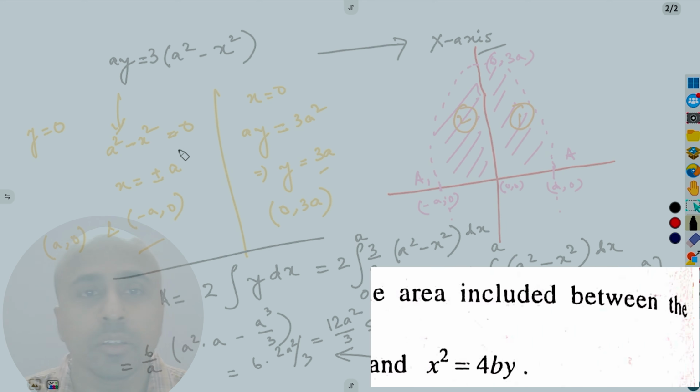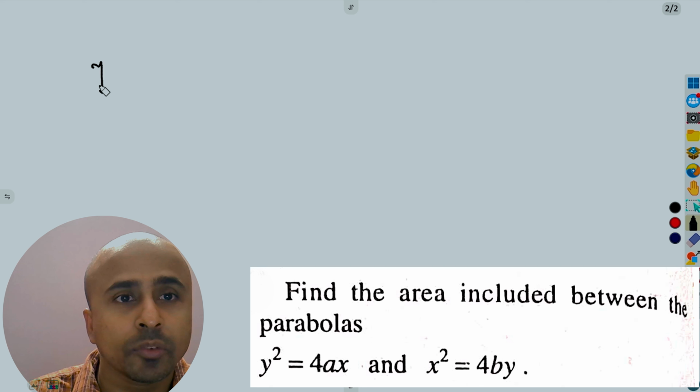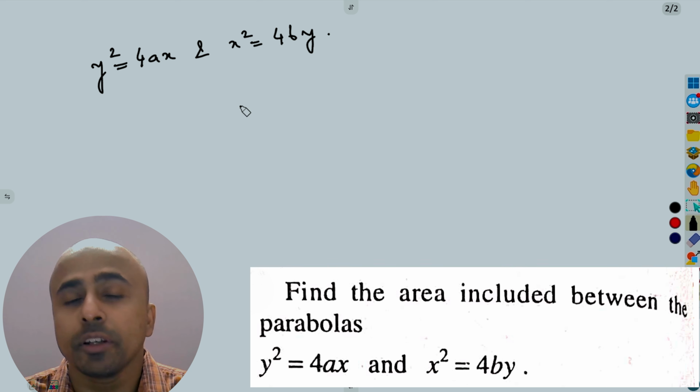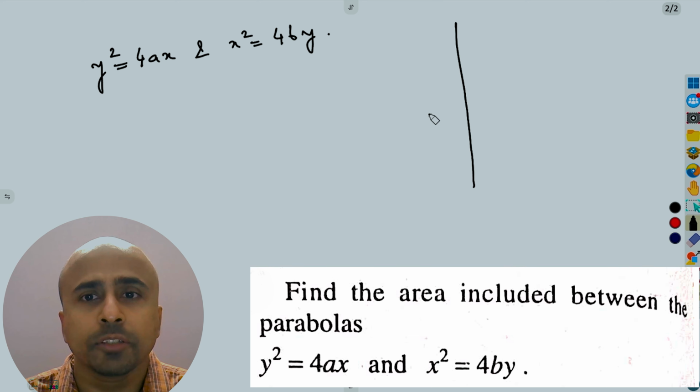Okay, in this case we have two parabolas, y square equals 4ax and x square equals 4by. We have to evaluate the area between these two curves. So this is pretty straightforward.